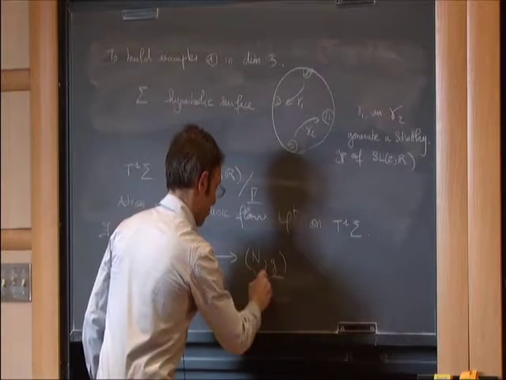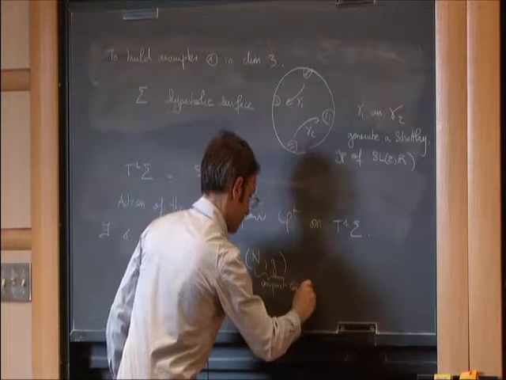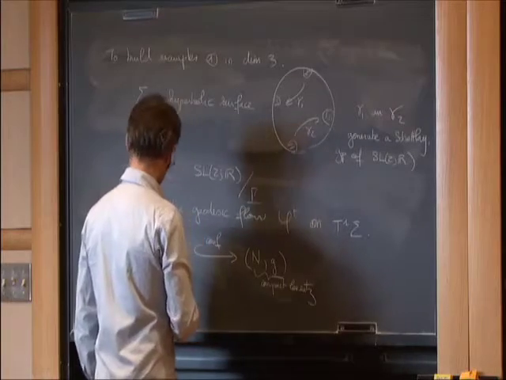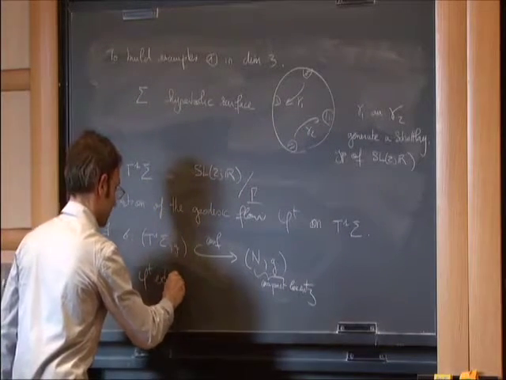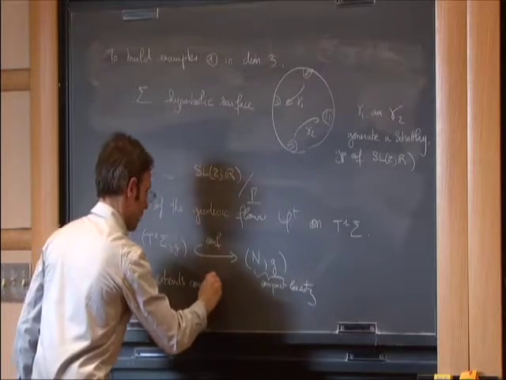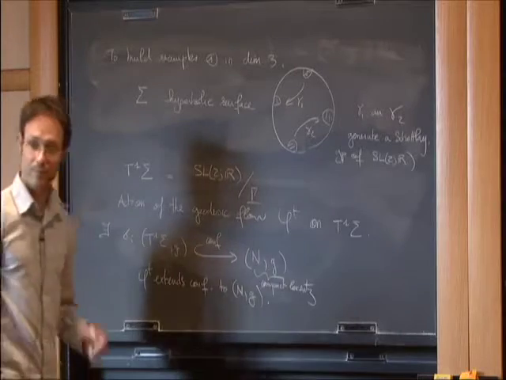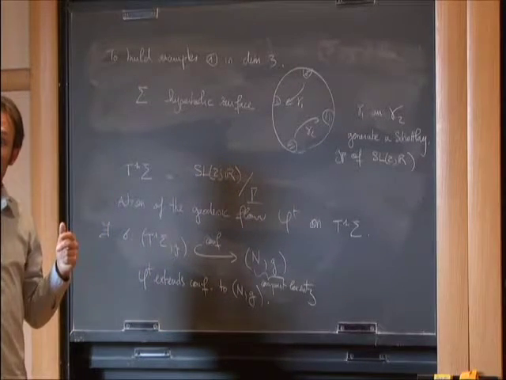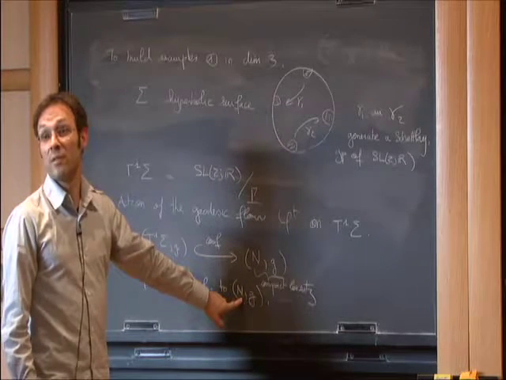So this is compact Lorentz. This is conformal. And the point is that phi t extends conformally to it.